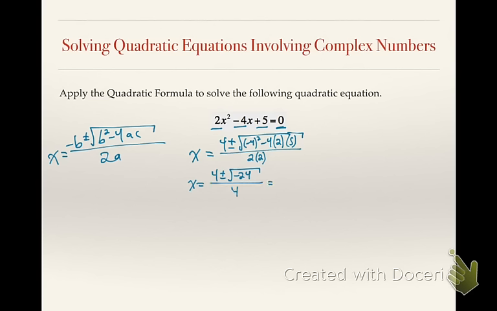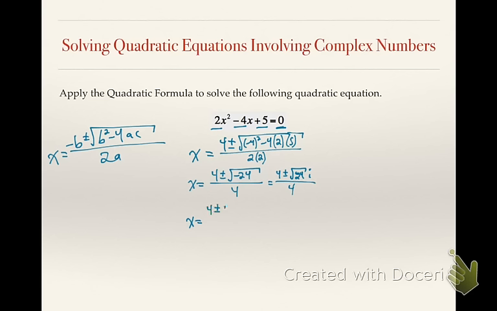So I'm going to go ahead and rewrite it as 4 plus or minus radical 24i over 4. Let's make that a non-negative square root by pulling an i out. The square root of 24 can be simplified, and in fact 4 goes into 24 6 times.